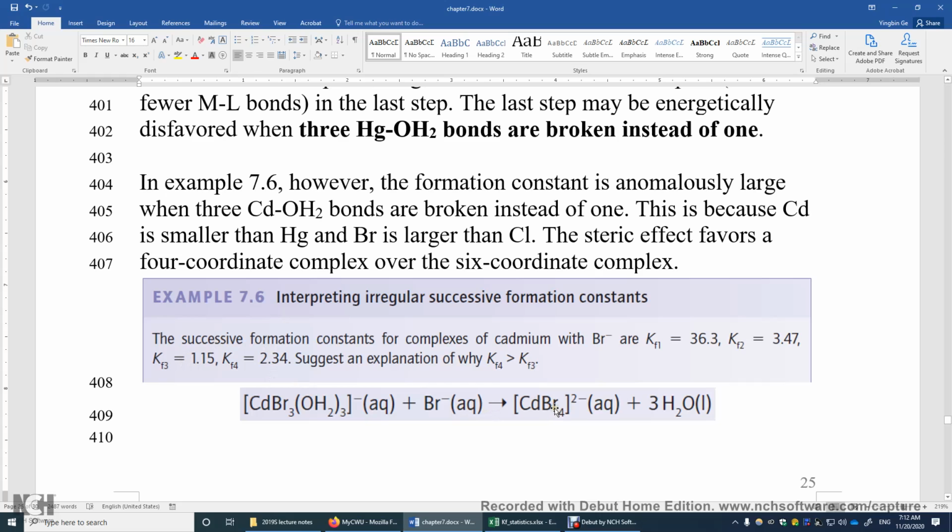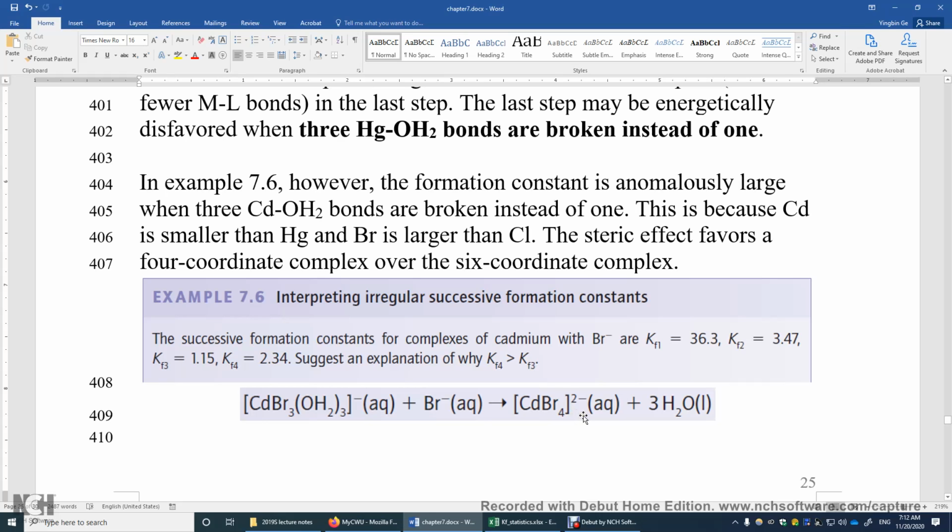Bromido is even bigger than chlorido. So over here, if you simply replace 1 aqua ligand, the repulsion between all 6 ligands, now you have 4 bromido ligands and 2 aqua ligands, and it's octahedral, and the repulsion between these 6 ligands is so significant that losing 2 more aqua ligands is favored energetically.